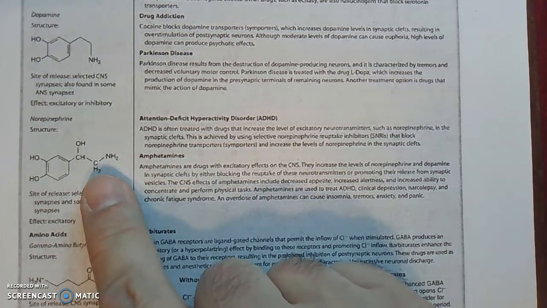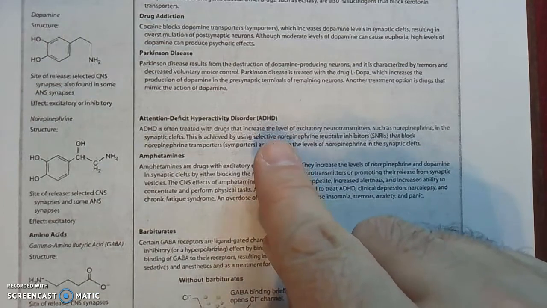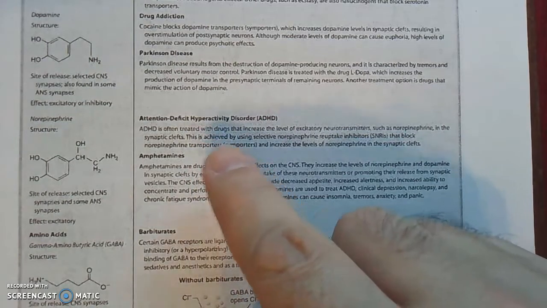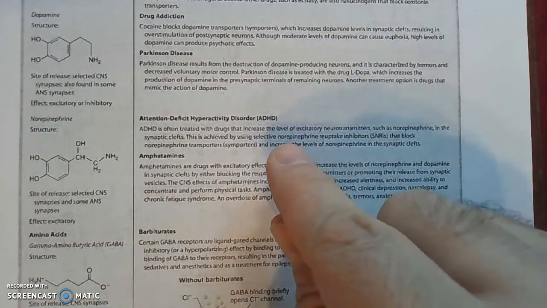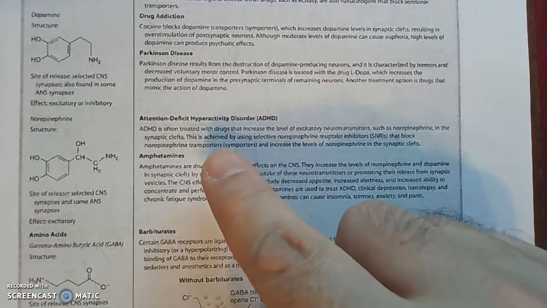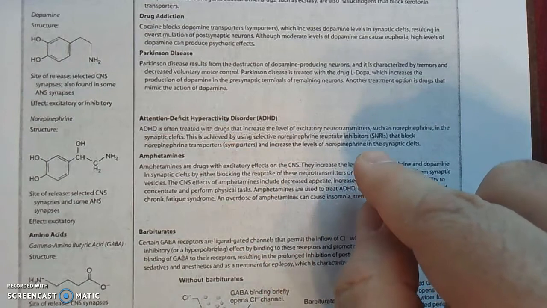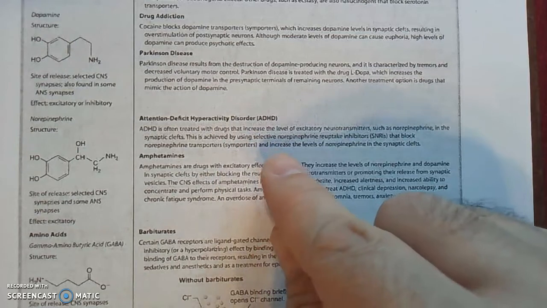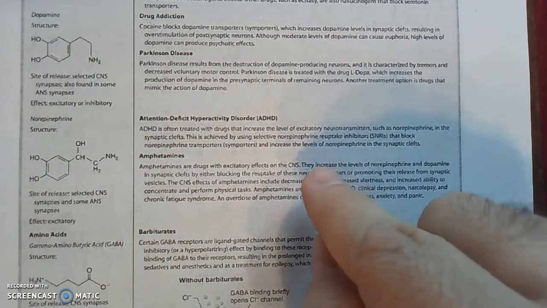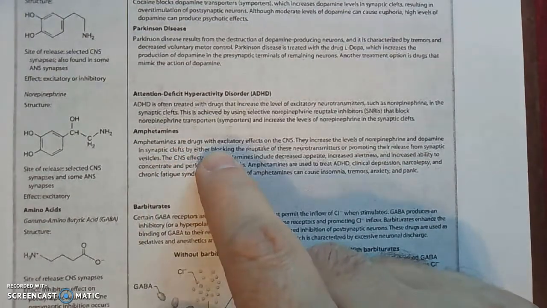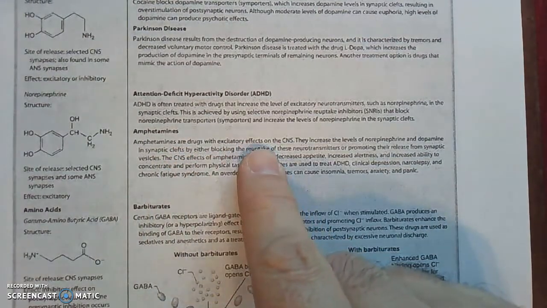Norepinephrine is another neurotransmitter. So here we have ADHD as a clinical manifestation. It's treated with drugs that increase the level of excitatory neurotransmitters in the synaptic clefts. So they use SNRIs that block those transporters, which are symporters, and increase the levels of norepinephrine. Amphetamines increase excitatory effects on the central nervous system.